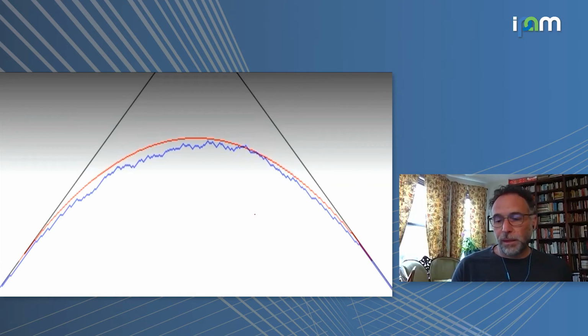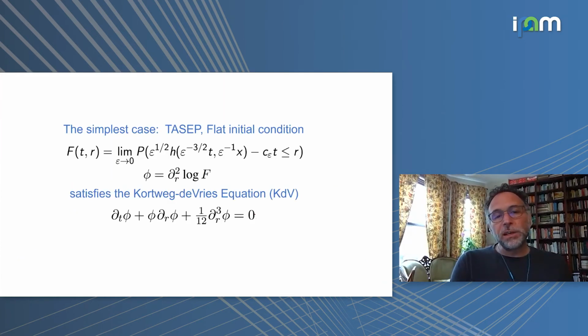So here's the simplest model. I'll state them starting with the simplest case, which is starting with flat. So we start TASEP with a flat initial condition, and we're interested in the distribution function in the 1, 2, 3 scaling limit. Or as I said, you can just think that there's an asymptotic model, which is the 1, 2, 3 scaled version. So it's just h(t,x), and you don't have to take a limit as epsilon goes to 0. And that gives you a function F(t,r).